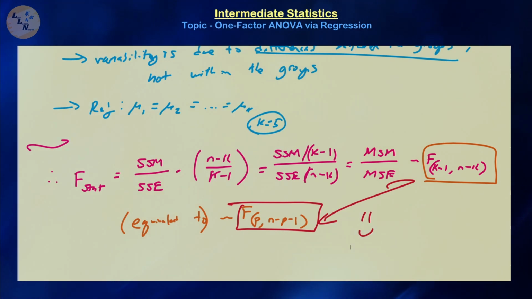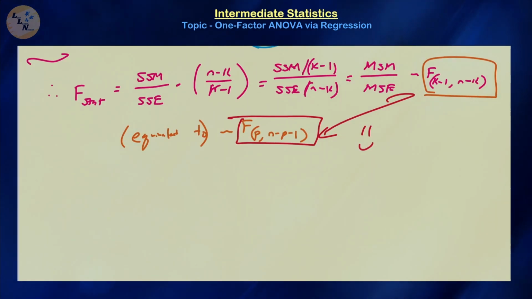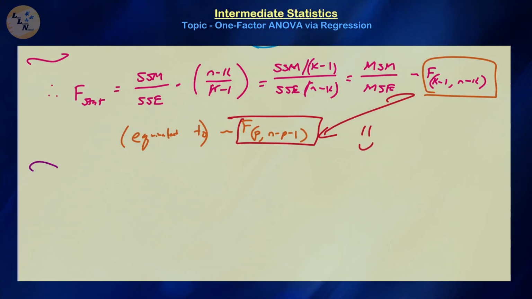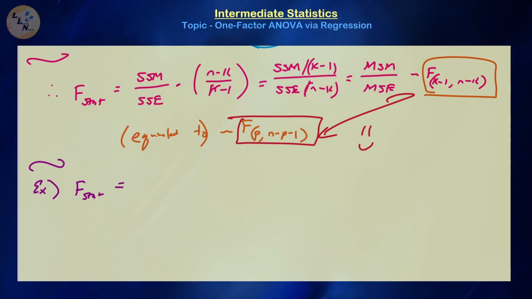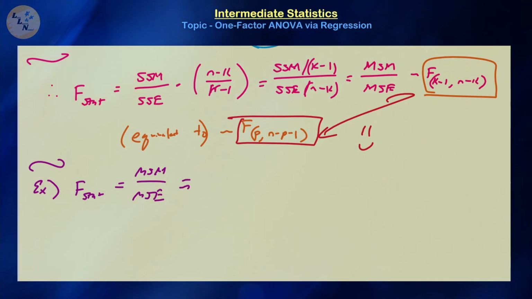So that's a very, very nice conclusion. So if we continue with our example and calculate the f-test statistic, because we already have our MSM and our MSE, then our test statistic is MSM all over MSE, the mean quotient, and that's going to be approximately equal to 1.7709.